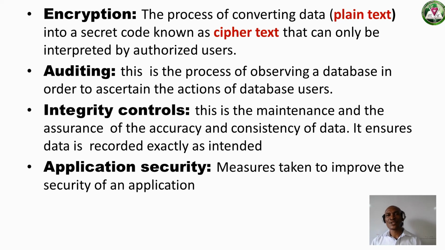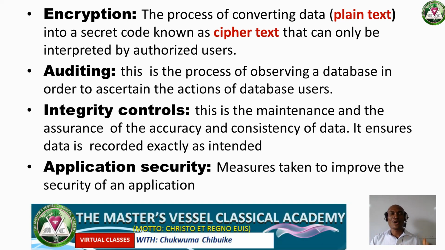When you think someone has observed what you do, or the way you open your phone, you change it. So those steps that an administrator of a database takes in order to improve the security of an application is called application security.